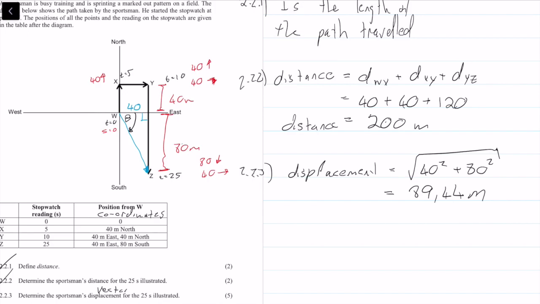So we need to figure out what theta is. Tan theta would be equal to the opposite over the adjacent, which is 80 over 40. If we put that into the calculator, the only unknown here is theta, so theta is equal to 64,43 degrees.